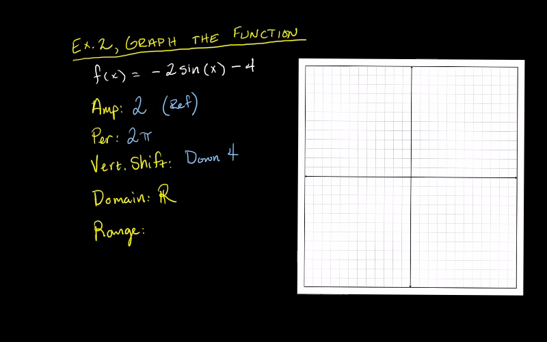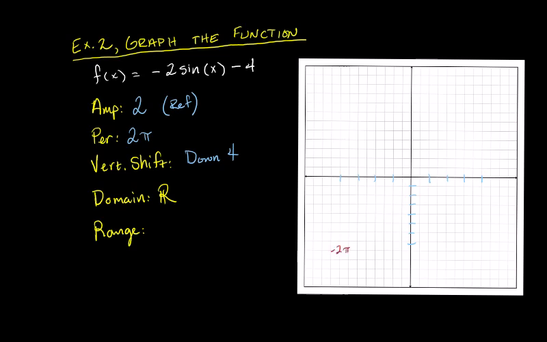So here we go. Let's make our x-axis. Let's go by 2's again. We know it's going to end at 2 pi. We're going to make our y-axis go by 1's though. And we're going from negative 2 pi.